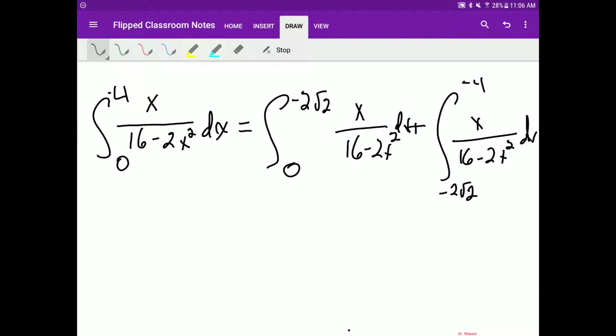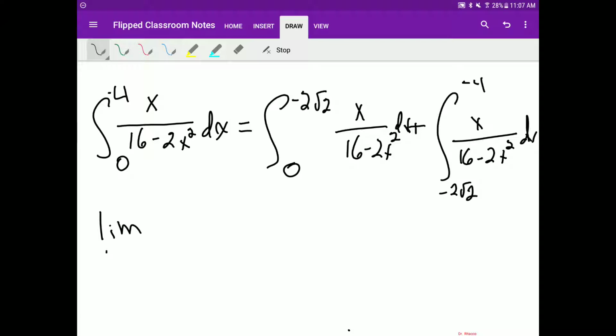I have to take the sum of each of those integrals. So now how are we going to do this? Well, we're going to take the limit of each one. Now our problem here is still at -2 square root 2, where the bottom goes to 0.